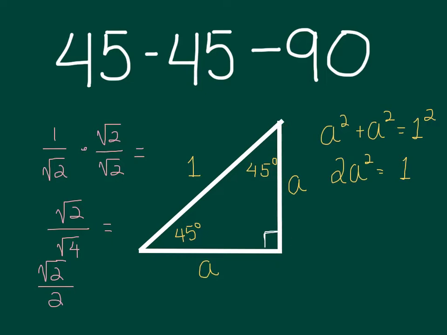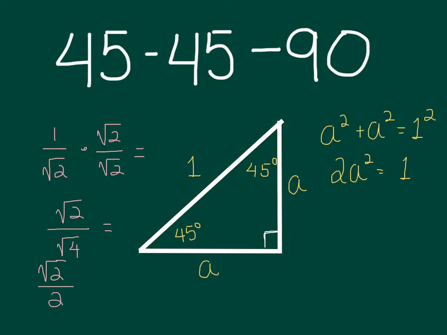The important thing you have to remember from geometry is that in an isosceles triangle, two angles are equal, which makes the two opposite sides equal. So I know that this side and this side are exactly the same length because they have the same opposite angle. So I've labeled them both as A. I could have labeled them as B, but I can pick the same letter to represent both of them since they are the exact same length.